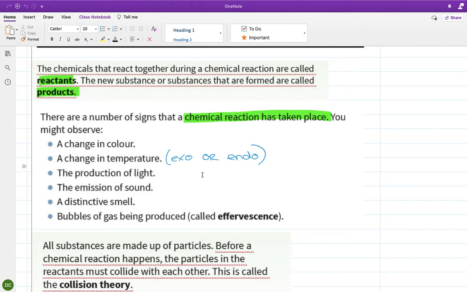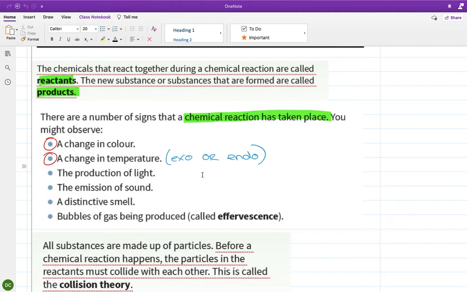We're going to do an experiment in this chapter where you will see a colour change. Obviously in the last part of it, we're going to do that endothermic, exothermic, so you will see chemical reactions where there's a change in temperature.